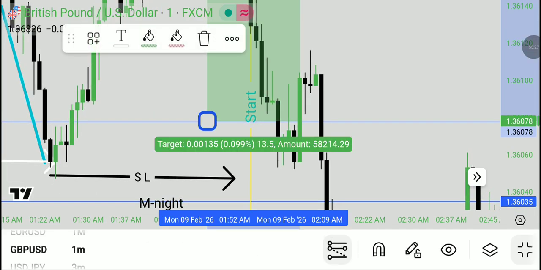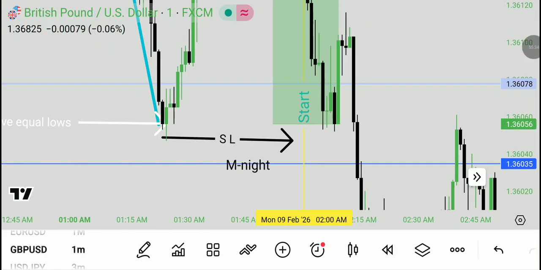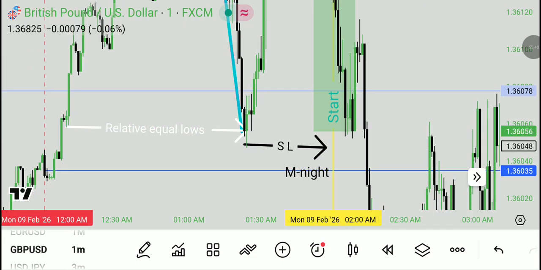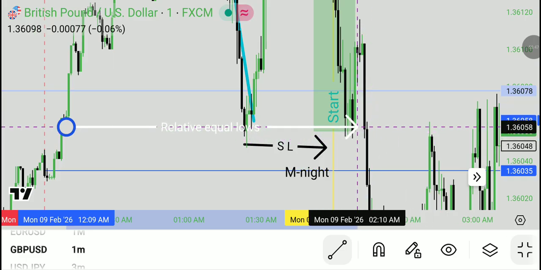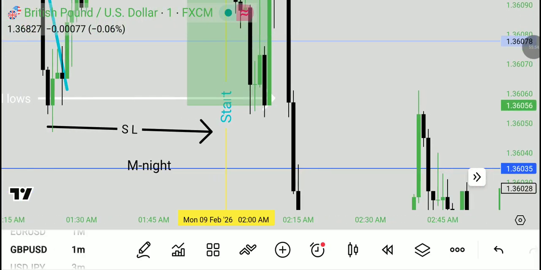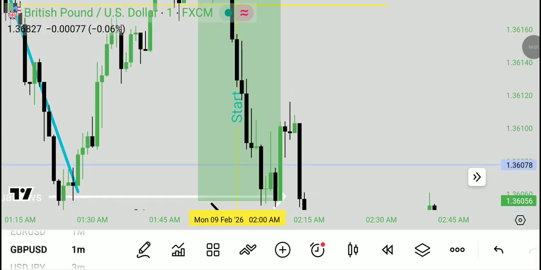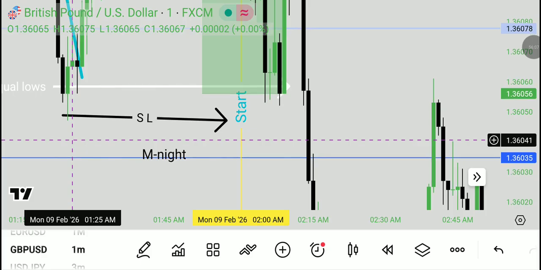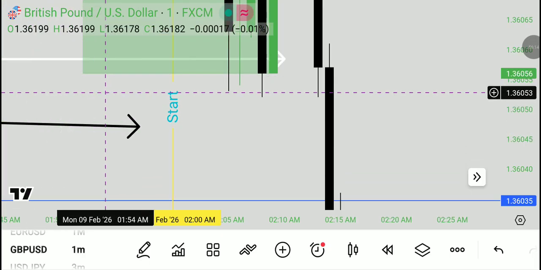The market has already gone down to the, you can see when the market stops at relative equal lows, which is here, and starts coming up again, you should know that when the market is coming up, they are kind of looking for support towards completing the mission, because they have an incomplete business.